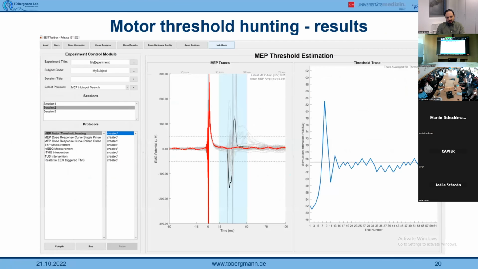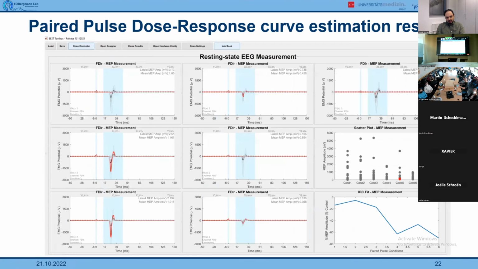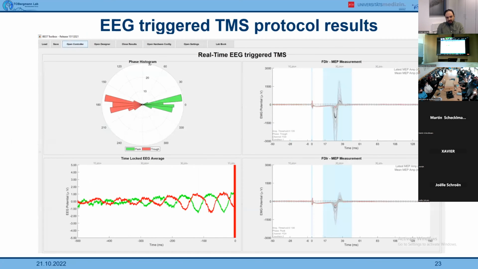Here are some small results from TMS, EMG, and EEG measurements with the toolbox. The toolbox can also do dose response curves, paired pulse, and single pulse, and you can ideally use these outcome results in subsequent protocols without needing to worry about the actual values.